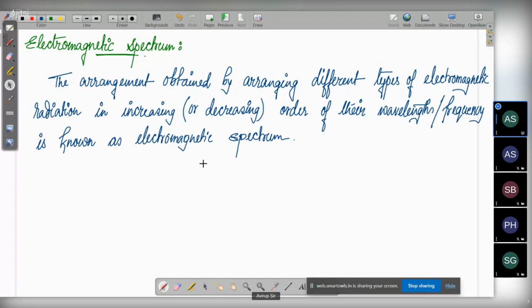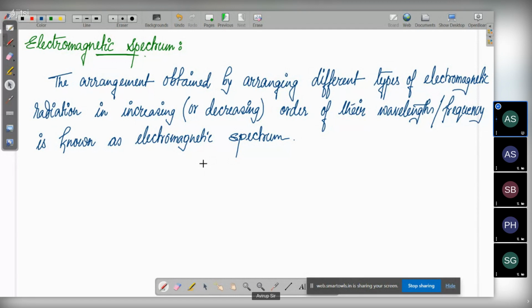We have different sources and different kinds of radiation, and each of them has a different wavelength and frequency. If they are all haphazard, then it is very difficult for us to remember them and also to apply them.